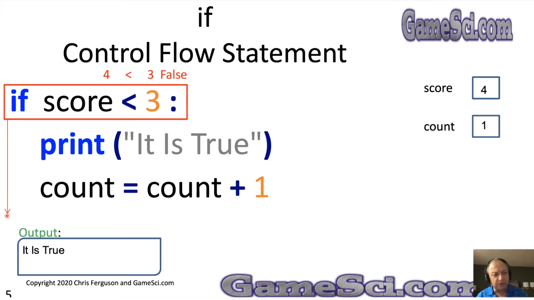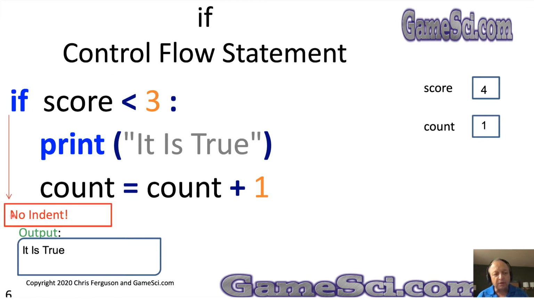Does everyone see what's going on here? When the if statement is true, we execute the indented code. When the if statement is false, we skip past the indented code. And the next code that is not indented, the code below the if statement with no indent, will execute after the if statement. Basically, nothing happened there. We just jumped past the code in the if and went on to the next statement.